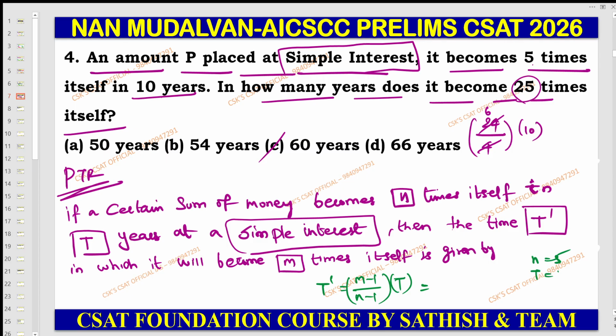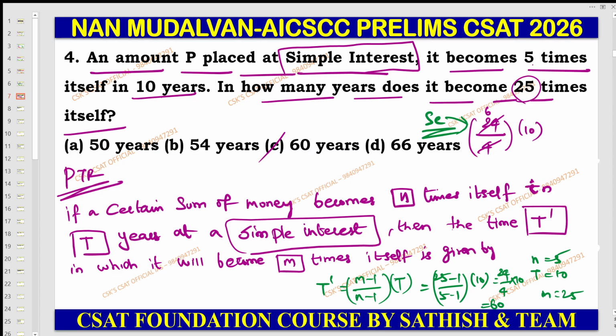What is t here? 10. How many times does it become? 25 times, so m is nothing but 25. Now apply: 25 minus 1 by 5 minus 1 into 10, which is 24 by 4 into 10, that is 60. Everyone understood? This is a simple shortcut, right?